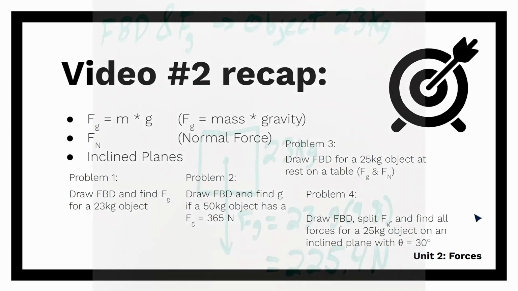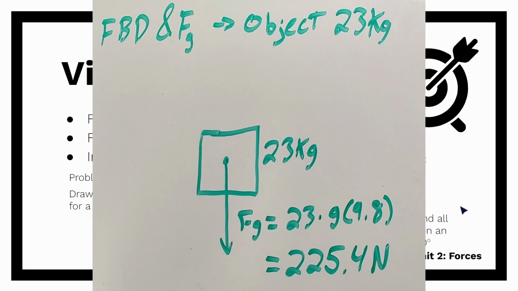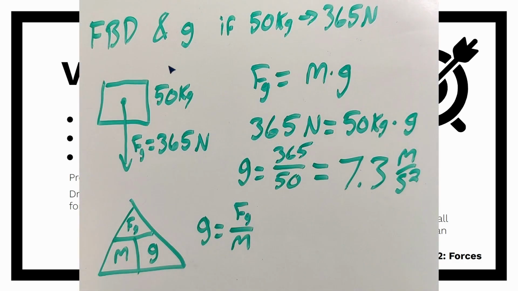All right, so now this is number 1. This one's pretty easy, right? You just have a box, 23 kilograms, force of gravity is 23 times g, which in this case, like I said, I'm using 9.8, so 225.4. Next one. All right, free body diagram, and this one you can do it a couple different ways. So I just drew this.